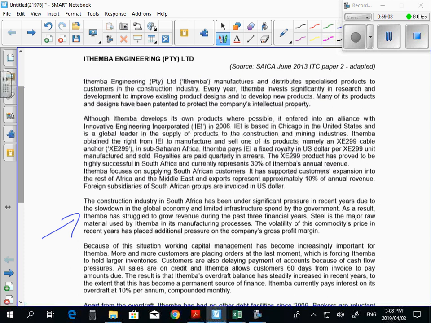So what are you going to do? Revenue growth is 3%. Let's put what's in the question to start off with, which is: this is perhaps expected as there's a large economic slowdown and reduced infrastructure spend.